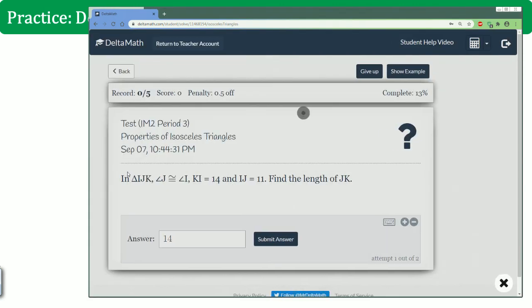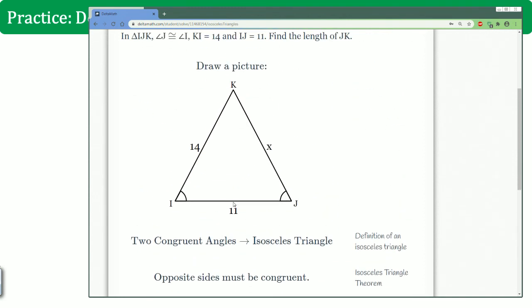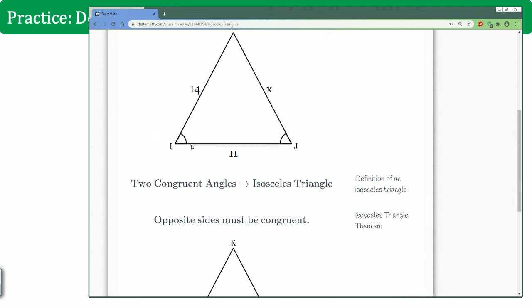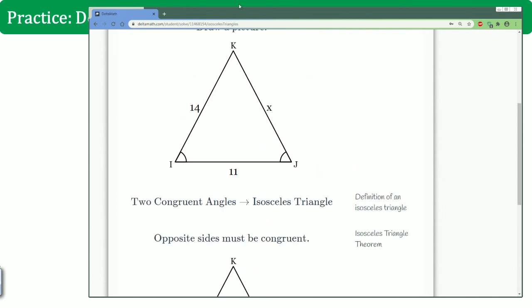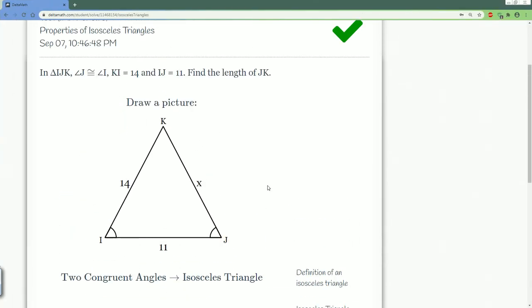There you go, that's how our picture looked. To get the other side, we had to put 14, and that comes from us reading this. Those are all the problems that you need to know when it comes to identifying an isosceles triangle.